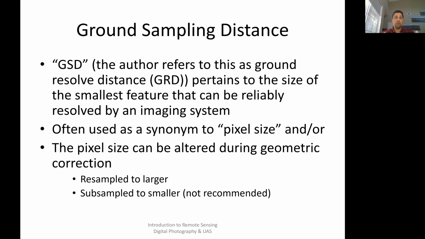But say you wanted to resample that, and instead of it being 1 by 1, you could make it a 2 by 2 or a 5 by 5 or something like that, okay? There's another example of subsampling it to a smaller size, but I don't recommend doing that, because you're not actually resolving anything more by doing so. It's just adding disadvantages, in my opinion. Let's move on.